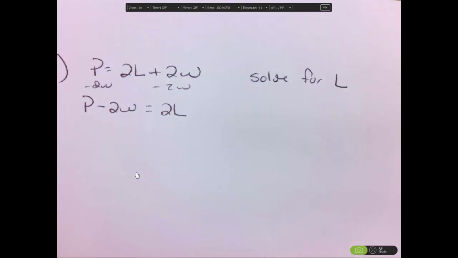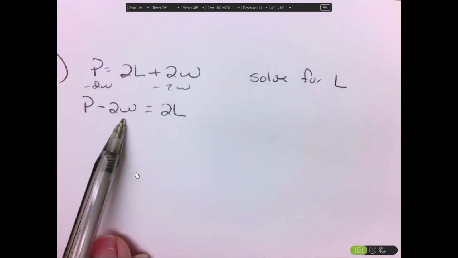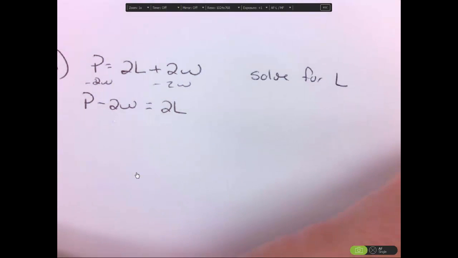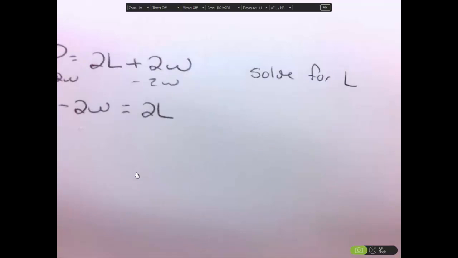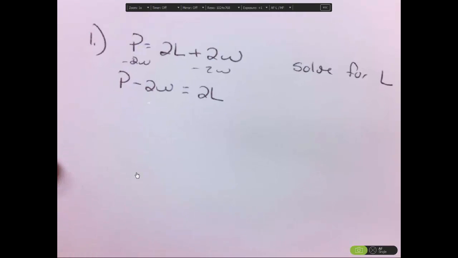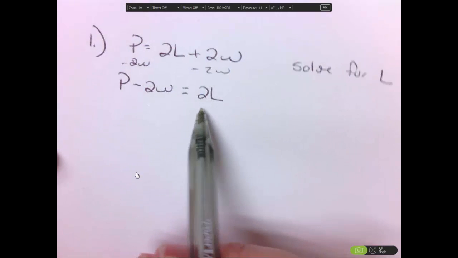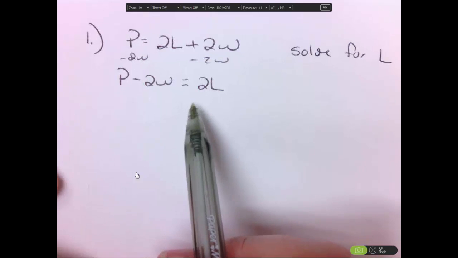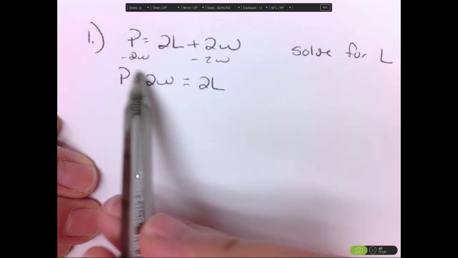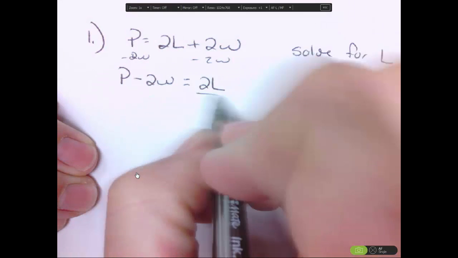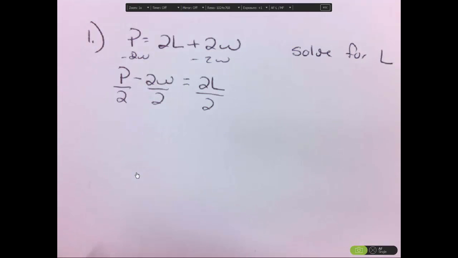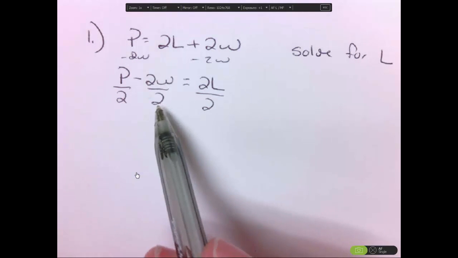But you have to be very careful that you write it as P minus 2W and that you don't mess up the order on your subtraction. From here, I almost have L by itself, but I have to divide by 2. There are a lot of different ways that people teach this, but when you have two terms separated by an add or subtract, the best way is to divide by the 2 on each term. This way you can reduce any of the fractions if possible.